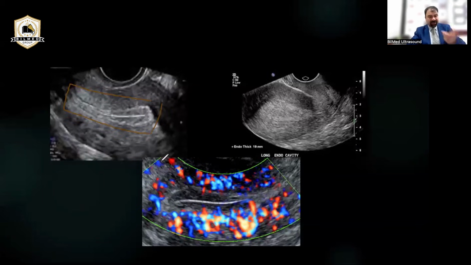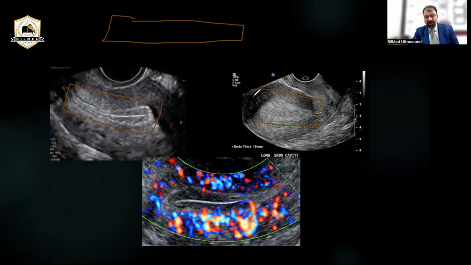And here I told you that the color box should not be more horizontal, but I have no way other than to put a horizontal color box over here. So that is the point. You have to see what you are seeing will decide you the color Doppler settings.